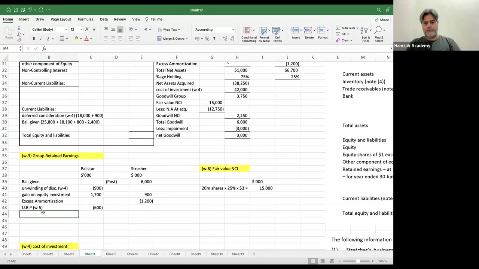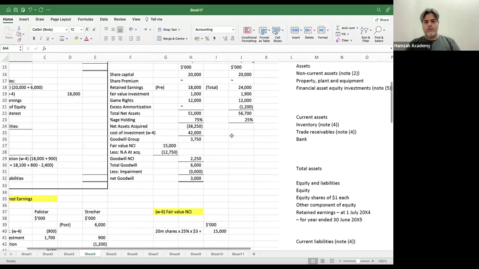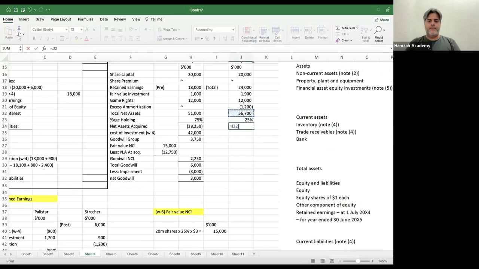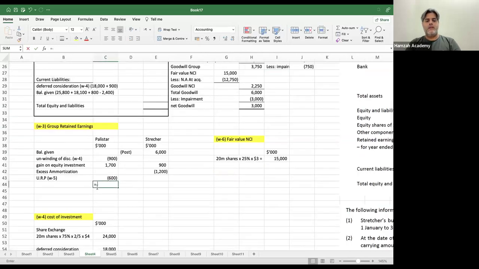So I'll go over here. Goodwill NCI 2,250 plus impairment 3,000 into 25%, and then 3,000 into 75%. Goodwill impairment.